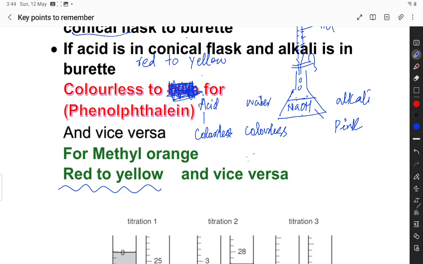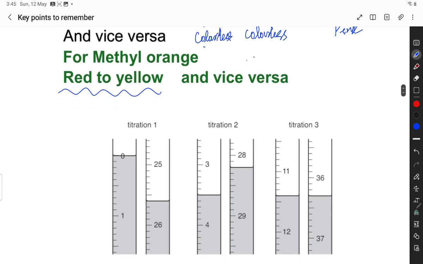So if sodium hydroxide is taken in the flask, the color change is pink to colorless, and if sodium hydroxide is taken in the burette, then colorless to pink. For methyl orange, red to yellow, and vice versa.